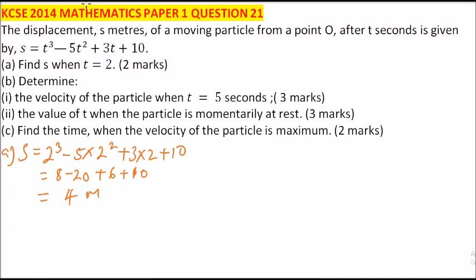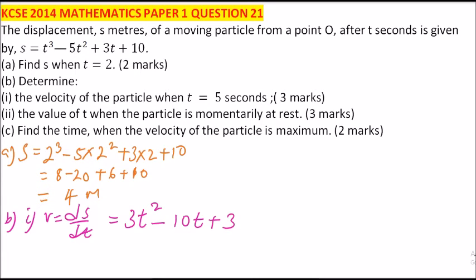Part B, we are told to determine the velocity of the particle when t is equal to 5. So how do we get the velocity? That is part B, Roman number 1. Velocity is equal to differentiating s with respect to t, and that should give you 3t squared minus 10t plus 3.